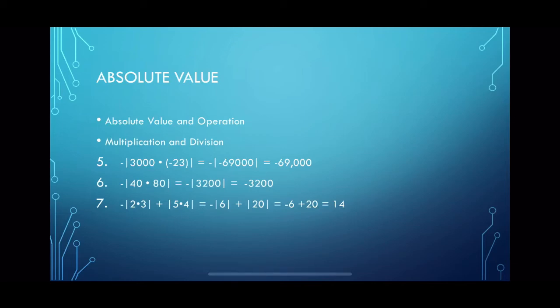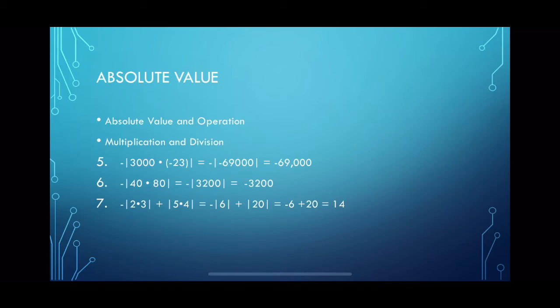And then for 5 multiplied by 4, we have the positive absolute value of 20. So therefore, we have negative absolute value of 6 plus absolute value of 20.